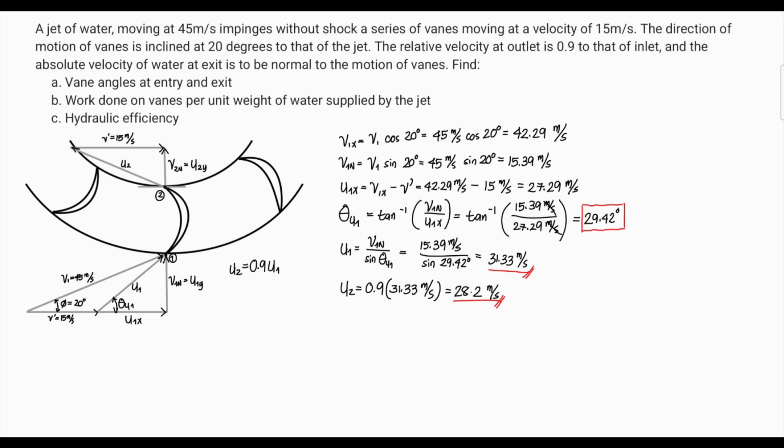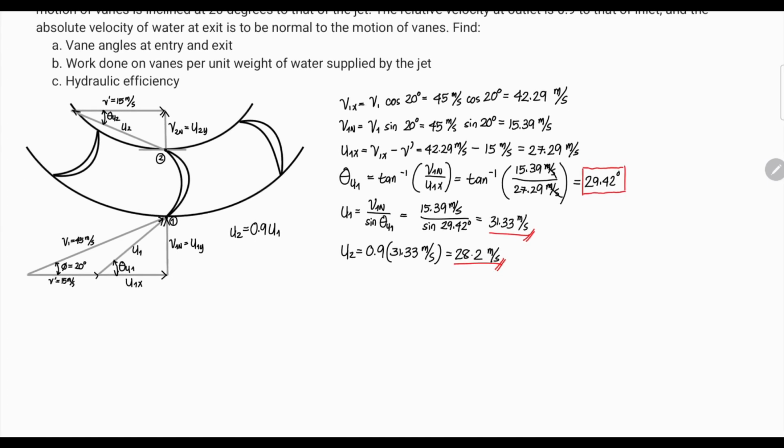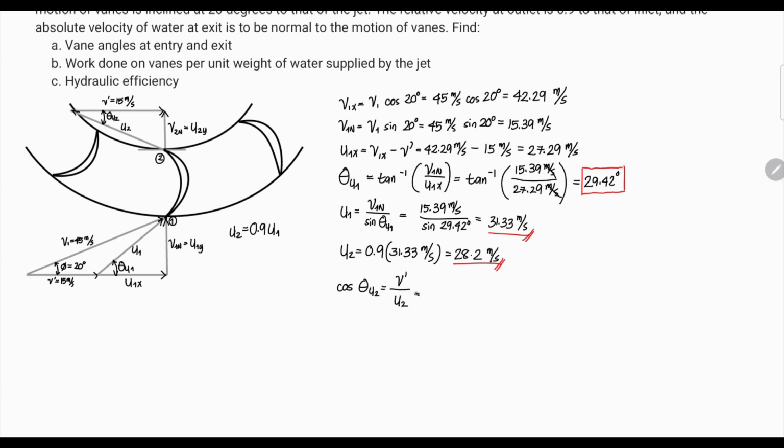Now in order to solve the value for our vane angle at exit, so that is this angle, and this angle is theta u2. So to solve for theta u2, we need to use the value of our u2 and the value of our v prime. So using the cosine function, cosine theta u2, the adjacent of our angle is 15 meters per second, so that is v prime, over the hypotenuse, which is u2.